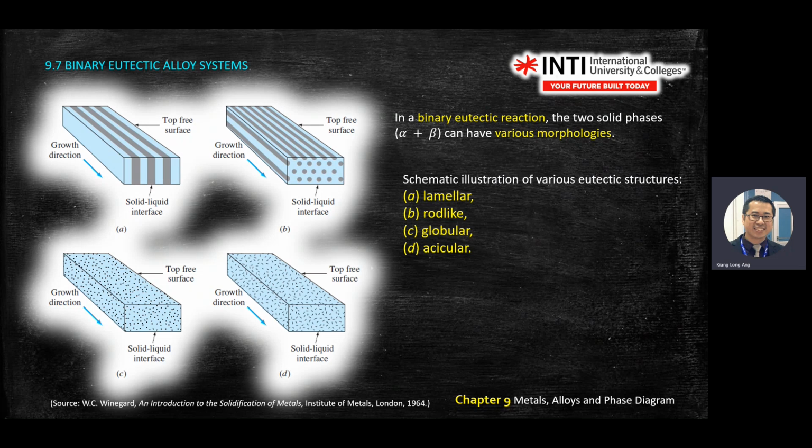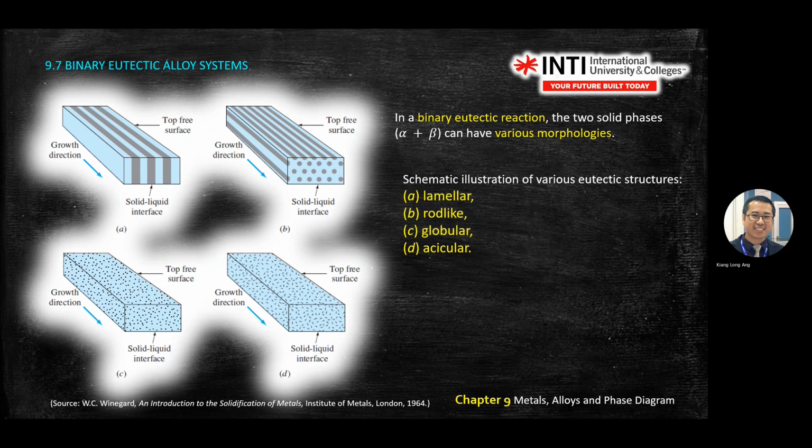You have a laminar, rod, globular, acicular. Laminar means it's like a layer cake, one layer, one layer, one layer like that. Then the growth direction, you see, follow the blue direction, right? And this is the solid liquid interface.